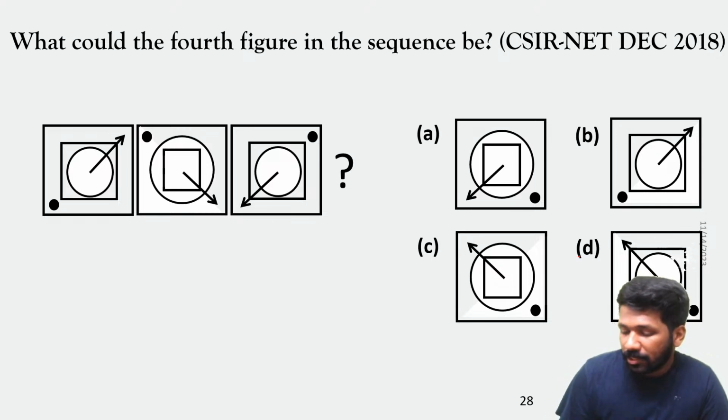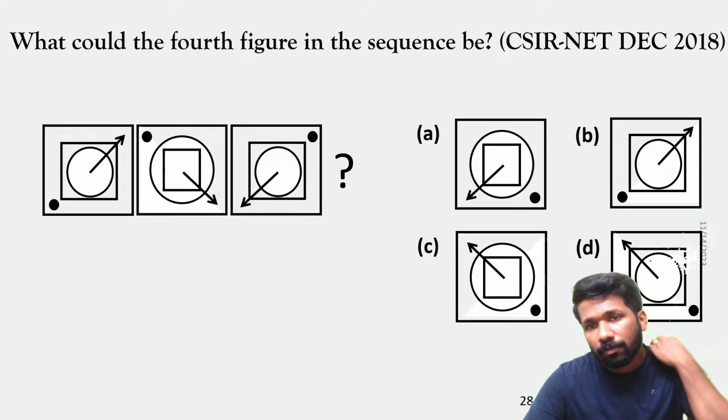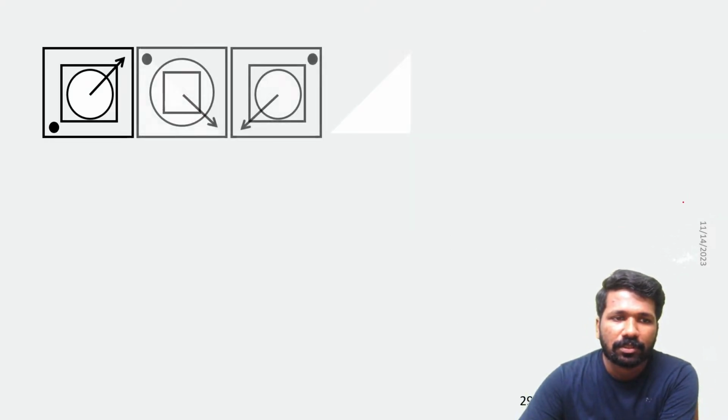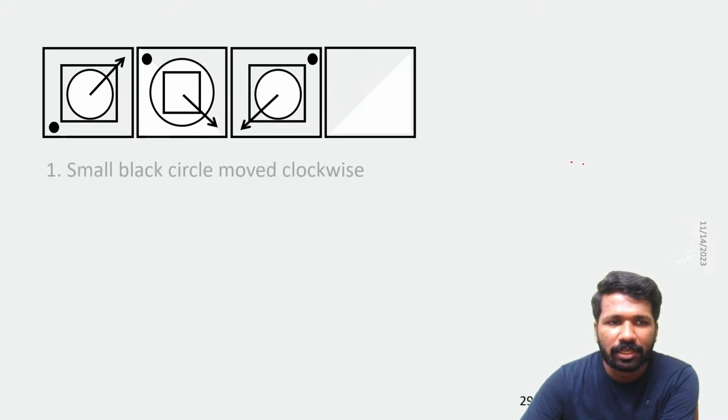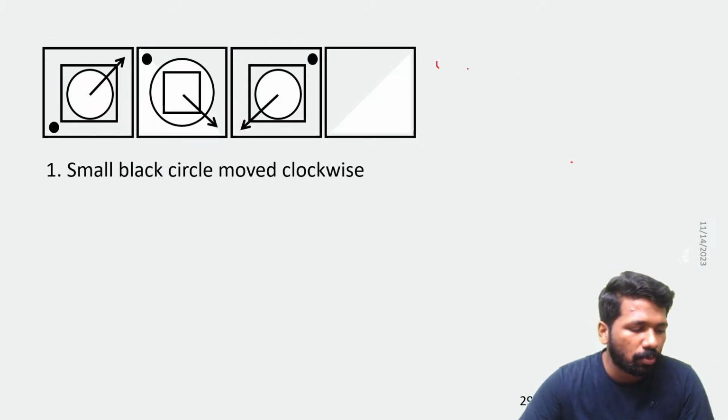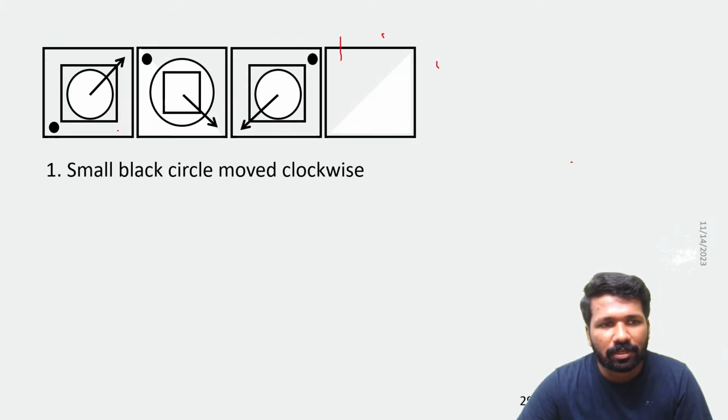Many of you got an answer. Very good, very good. What could be the 4th figure in the sequence? So here what are the changing properties? The dot is changing, arrow is changing, and the circle and square are also changing. Small black circle or small black dot, how is it changing? It's a rotation from here to here to here.